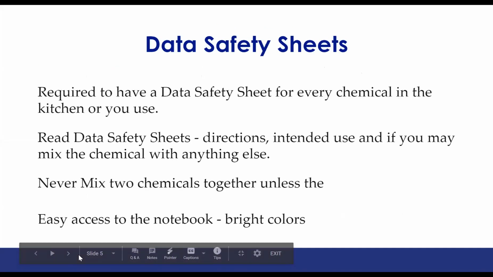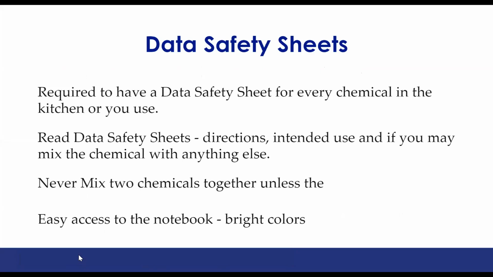Okay, the first thing we're going to talk about are data safety sheets. They used to be called material data safety sheets, and that is a sheet that tells you everything there is to know about the chemicals that you use in your kitchen.